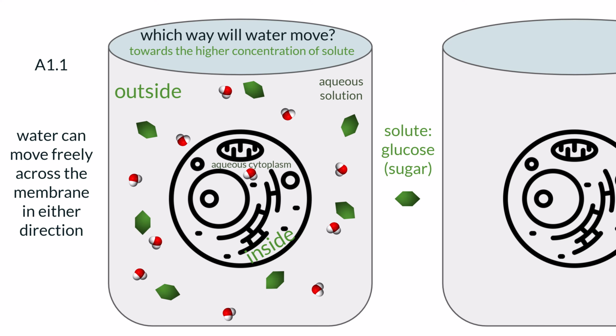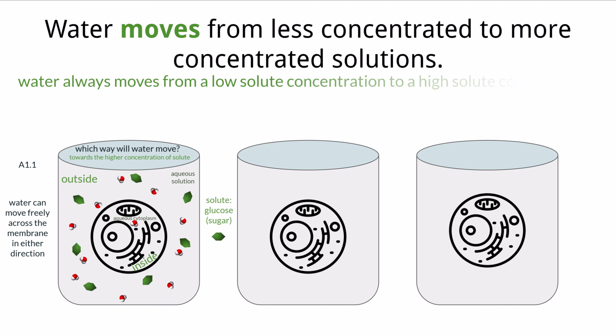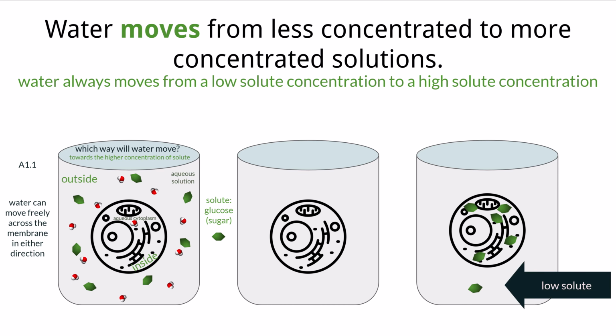We have specific terms to describe solutions that have the ability to impact water movement, and again, water will always move from a low solute concentration to a high solute concentration. If a solution has a comparatively low amount of solute, we call it hypotonic, and if it has a high amount of solute, we call it hypertonic.